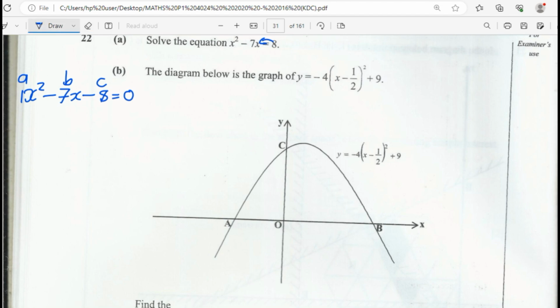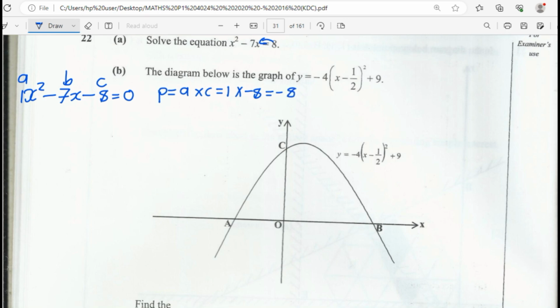Whenever we want to factorize, first we begin by finding the product. The product is just the product of a and c. The value of a is 1 times -8, which is -8.